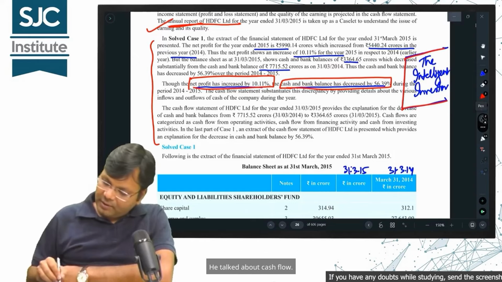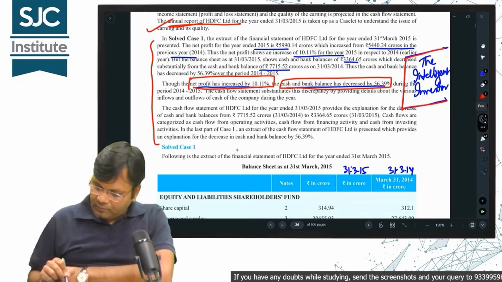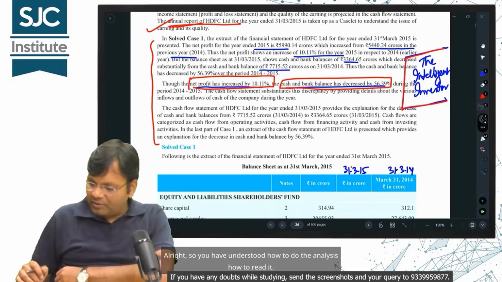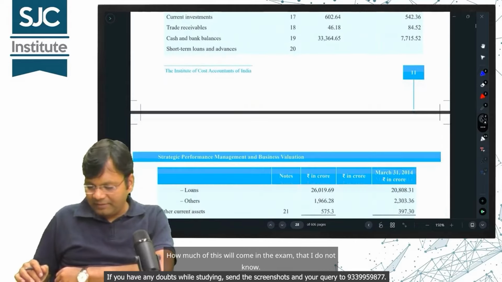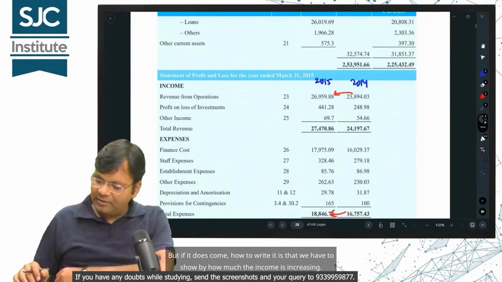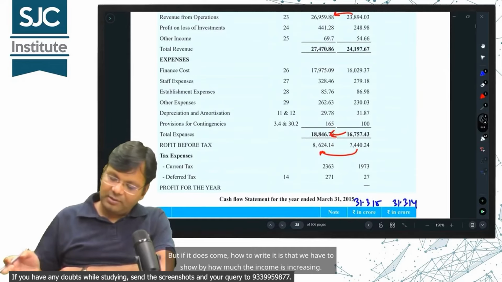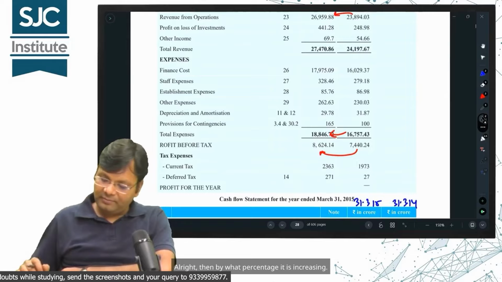Next, what did he say? He talked about cash flow. We have already seen about cash flow. So you have understood how to do the analysis, how to read it. How much of this will come in the exam, I do not know. But if it does come, how to write it is that we have to show by how much the income is increasing, and then by what percentage it is increasing.